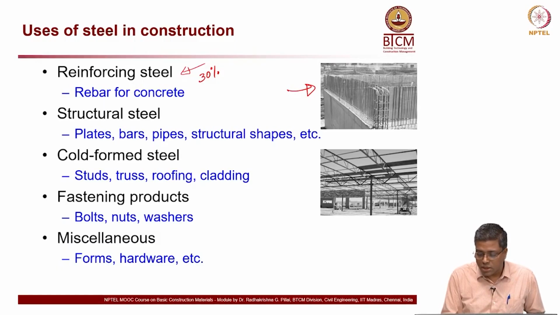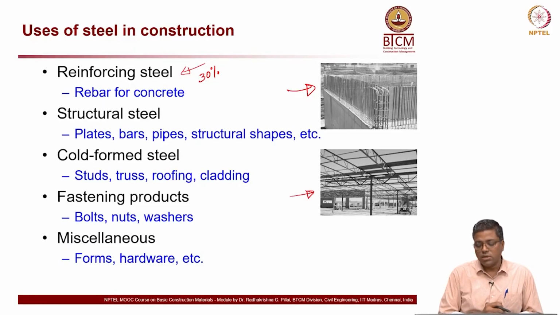You can see rebars. Then we have structural steel, and when we talk about structural steel, we are talking about trusses, plates, square shapes or something, which are not circular rebars, but pipes. Structural shape means I section, angle section, channel section. So many sections are there.